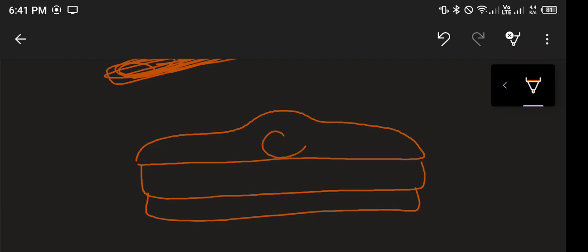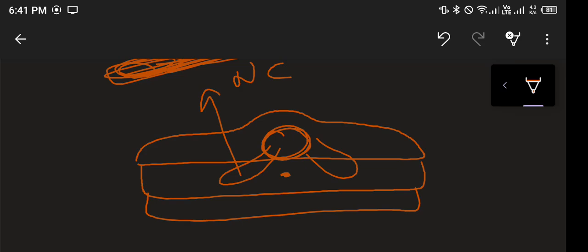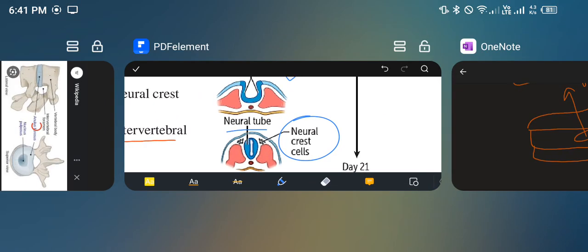There is the formation of the neural tube, and below that we have the small notochord. Some cells from the ectoderm which were not part of the neural tube per se, but were coming towards the neuroectoderm to aid in the formation of the nervous system, hang alongside the neural tube, and these hanging cells are called the neural crest cells. So the neural crest cells are also shown in this picture.